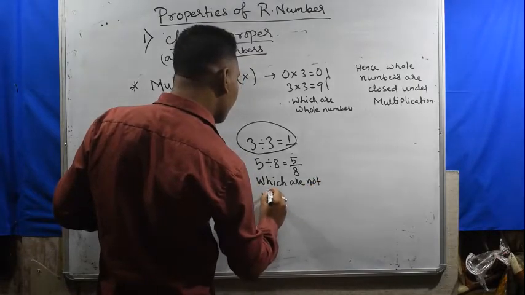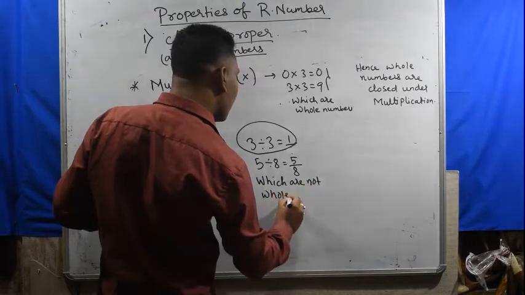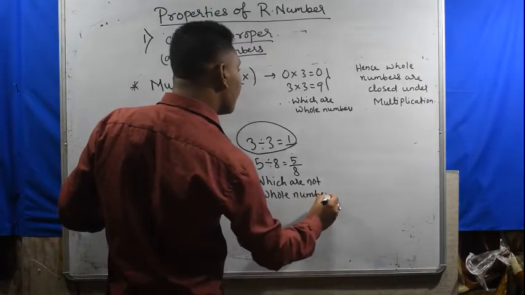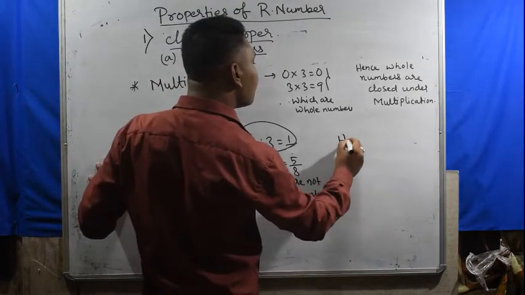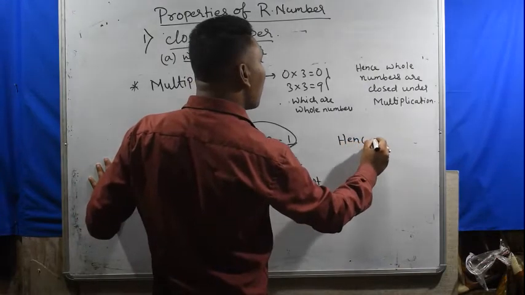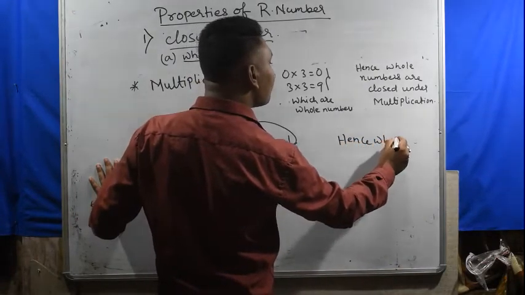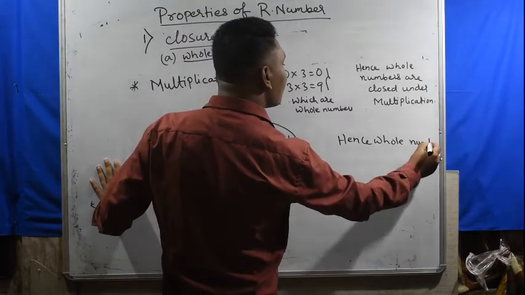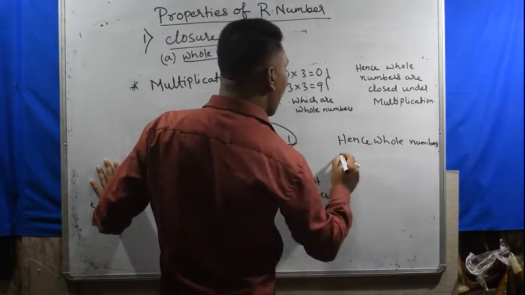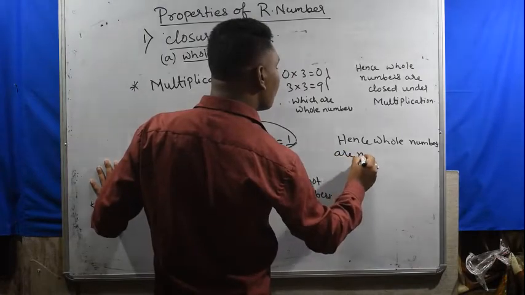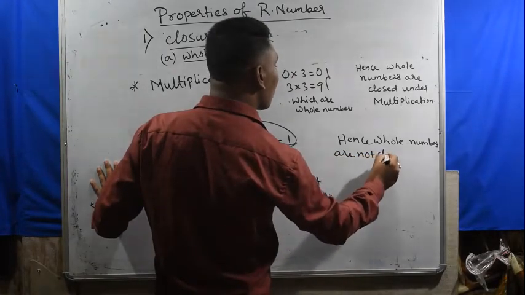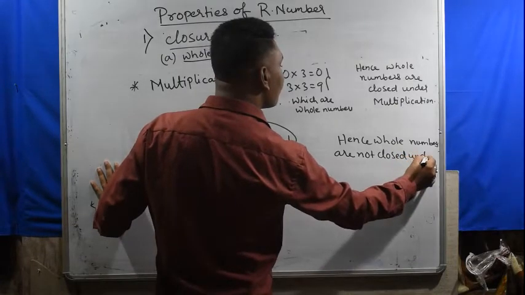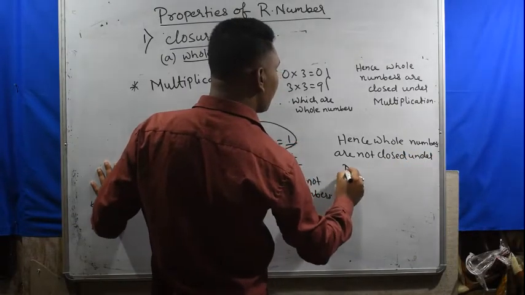Hence whole numbers are not closed under division.